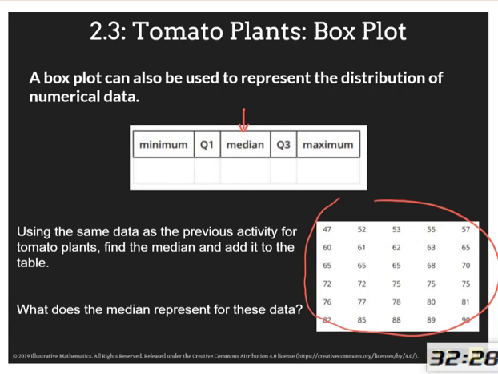All right. So let me give you about 90 seconds to come up with the median and put it in your table. Okay.